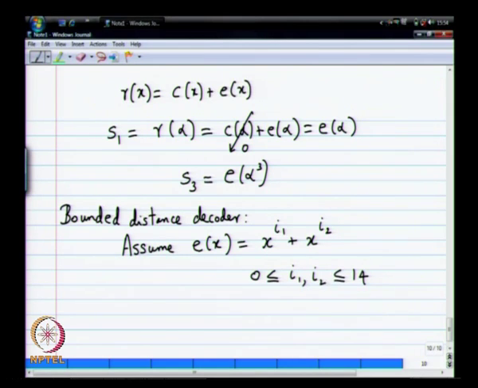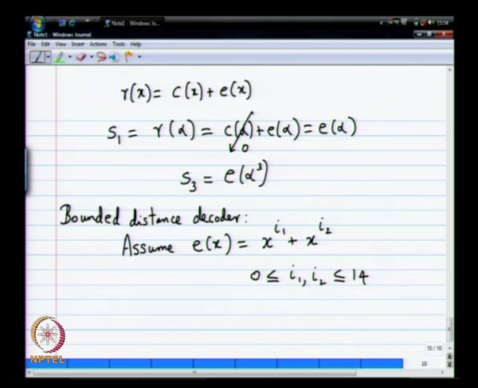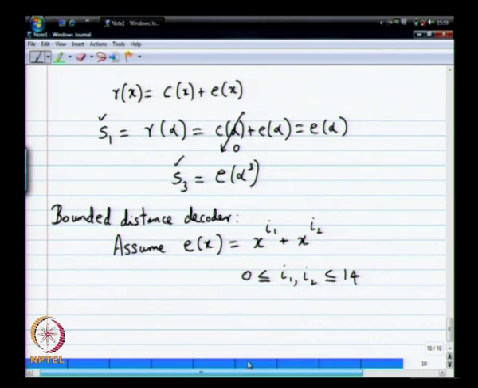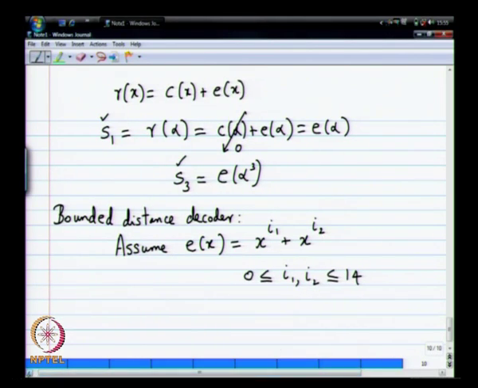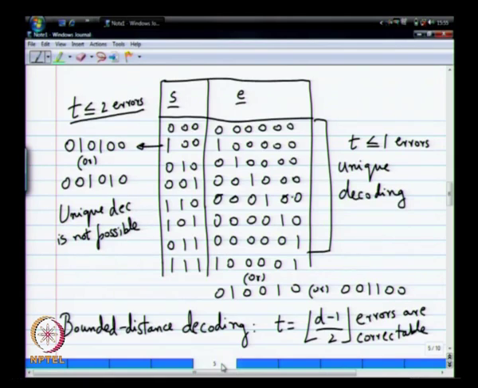So, once I assume that E of x is like this, then I am looking only at a sphere of radius 2 around my received word, I am not looking beyond that. Okay. So, let us substitute back into this formula that we have. Remember, S1 and S3 I know already. S1 and S3 belong to what?